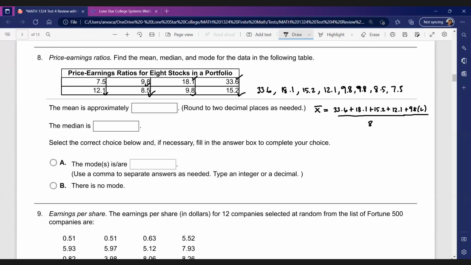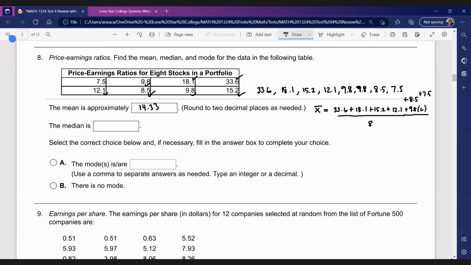Oh, I'm running out of room. Plus 8.5 plus 7.5. All of that divided by 8. And after using the calculator, I get an answer of 14.33, rounded to 2 decimal places.